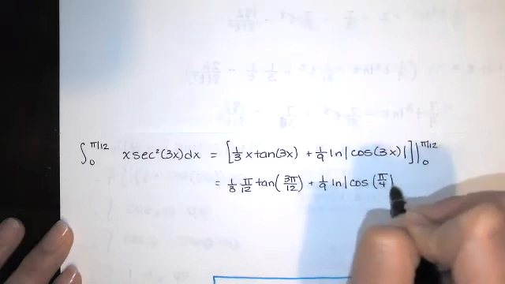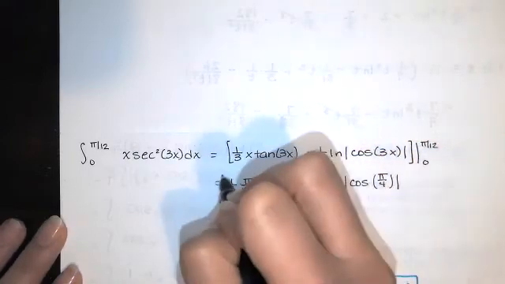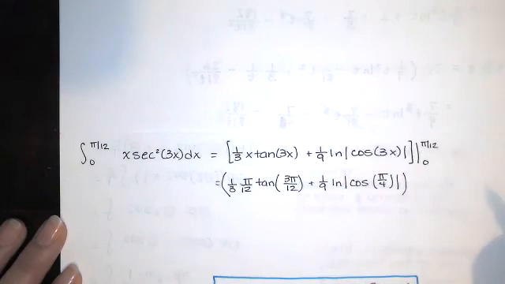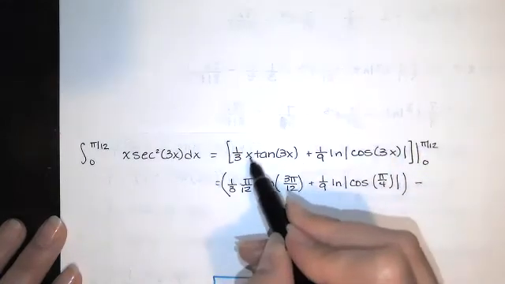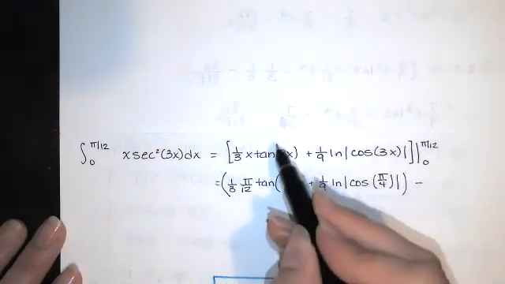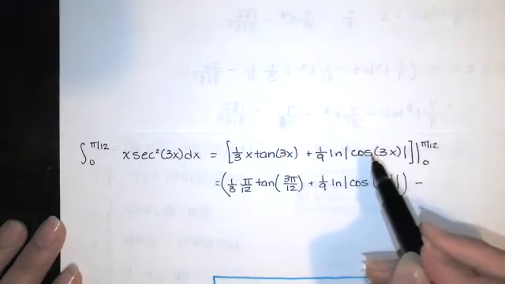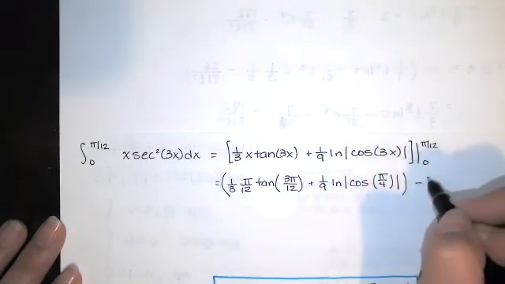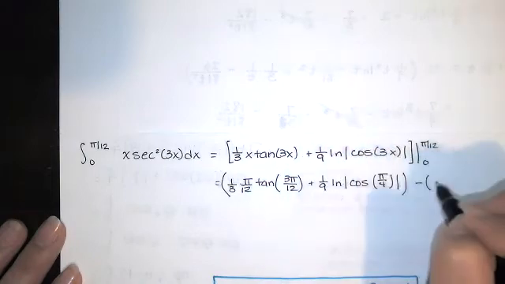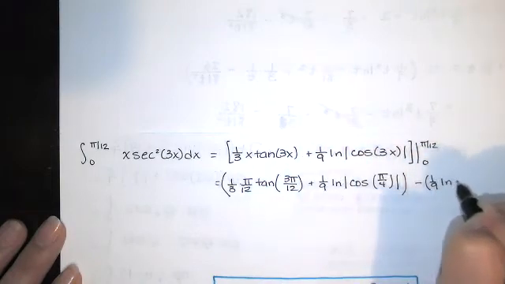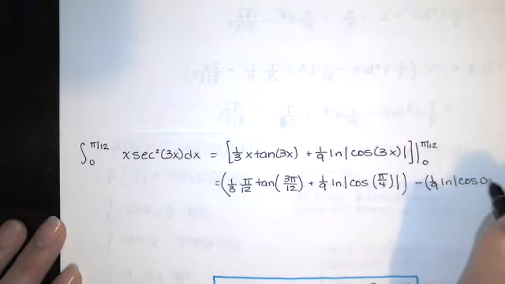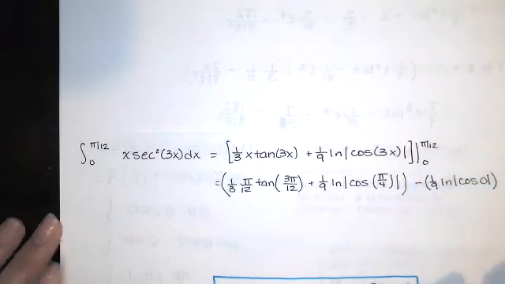I'll just simplify that to be pi over 4. So that's at the upper bound. And then at the lower bound, I've got 0 times tangent of 0, which is clearly 0. And then I'll have a cosine of 0 here. So I'll have 0 plus 1/9 natural log of the absolute value of cosine of 0.